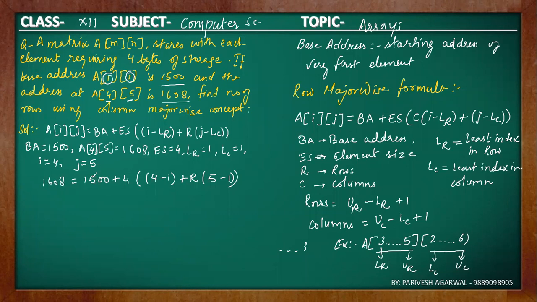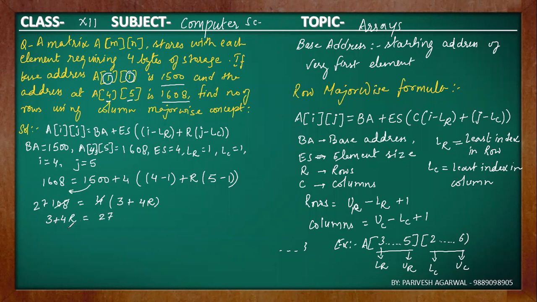Now if we take the 1500 to the left hand side, it will subtract and give you 108 equals 4 multiplied by 4 minus 1, which gives 3, plus 5 minus 1, which is 4R. Now simply divide by 4, which gives 27. So the equation is 3 plus 4R equals 27.